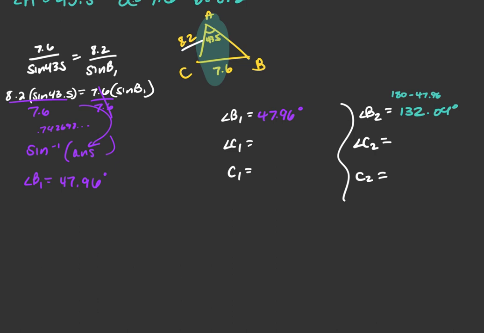Now I'm going to continue again with triangle 1. So I found B1, and angle C1 would be 180 minus the A that was originally given to me, minus the B1. So 180 minus 43.5 minus 47.96. So the third angle in the first triangle is 88.54 degrees.